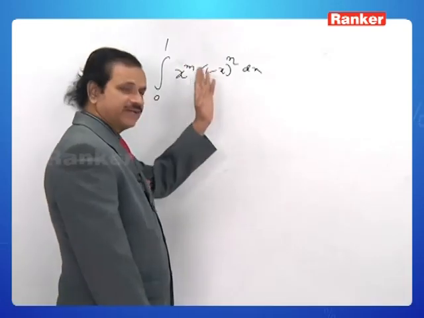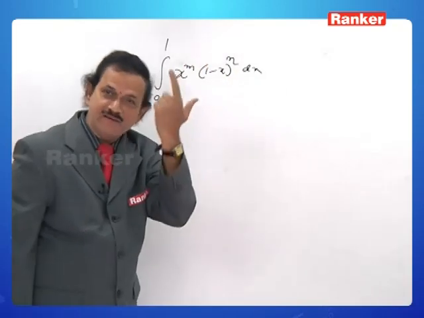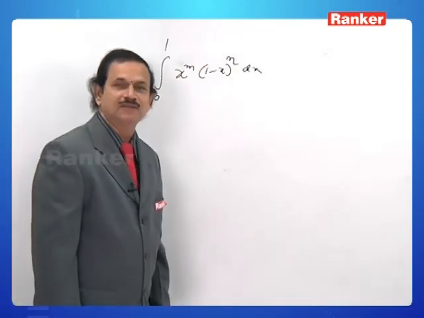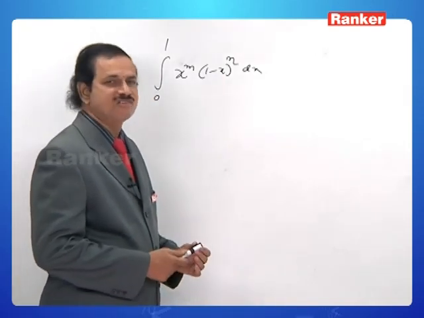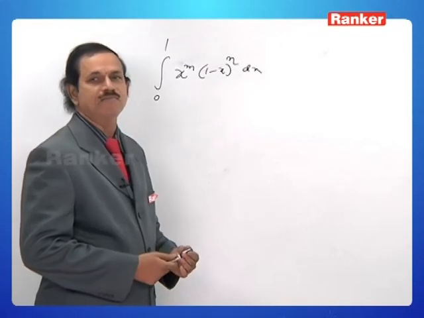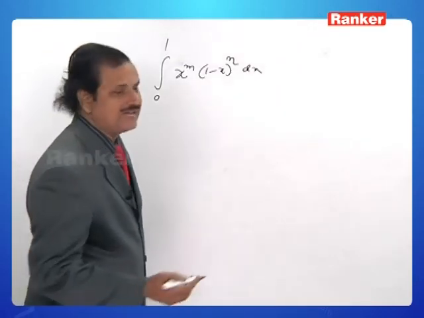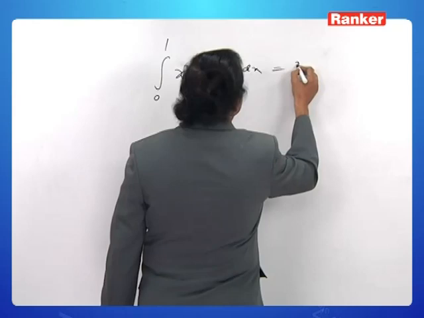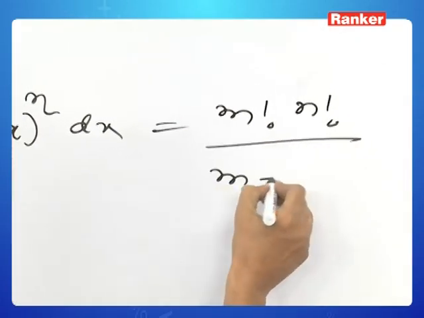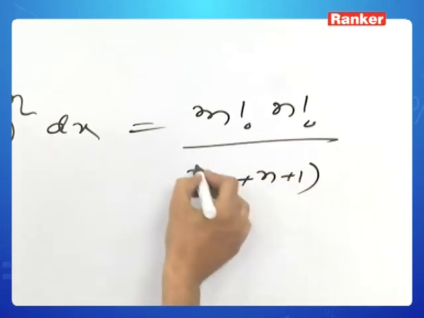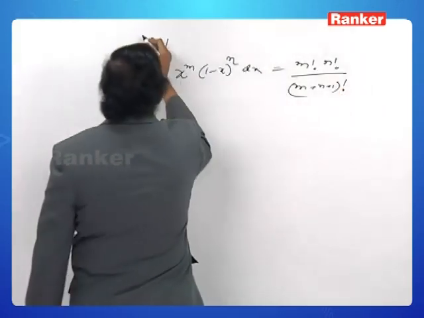It can then be converted in terms of the Imn formula, the previous one. Of course, by simplifying using the extension of Wallis formula, namely the Imn formula, at last you will have the beautiful result as m factorial into n factorial by m plus n plus 1 factorial. One of the famous answers.